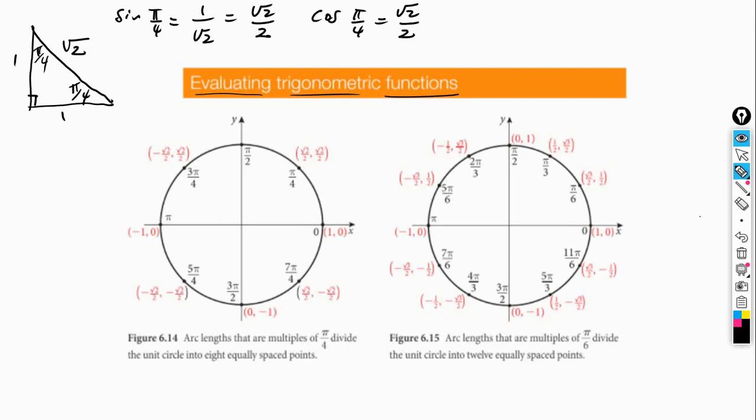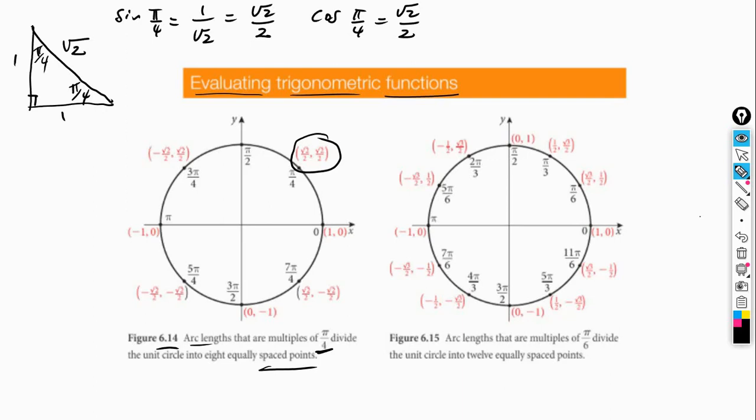So if we go to this figure, figure 6.14, where it talks about arc lengths that are multiples of pi fourths, these would divide the unit circle into 8 equally spaced points. But also what's interesting is that if you look at these coordinates, notice that the coordinate here is the same as the sine and cosine of pi fourths, or 45 degrees.